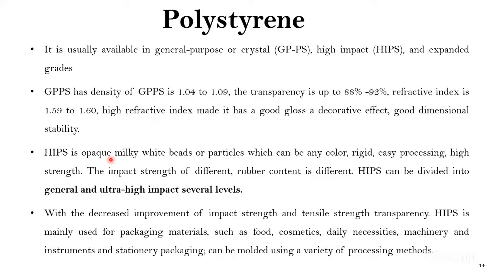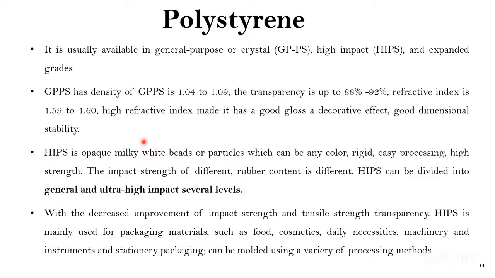What makes it go from GPPS to HIPS? That depends upon your synthesis process, and whether they will form isotactic, syndiotactic, or atactic. Yesterday you explained that if we add some catalyst, the three categories will come based on the catalyst. Which particular catalyst will help this GPPS change to HIPS?